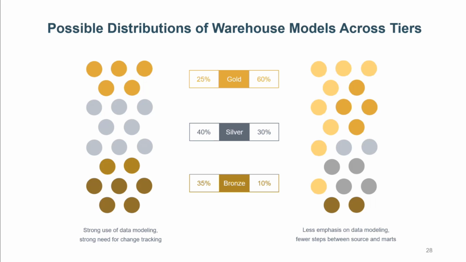So you may have a bigger silver tier, or you may have a smaller one, and working closely with your stakeholders and your domain experts, you can choose what needs are going to match best your data warehouse and how much emphasis you want to put on each step, and what choices you're going to make at each hop along the way.